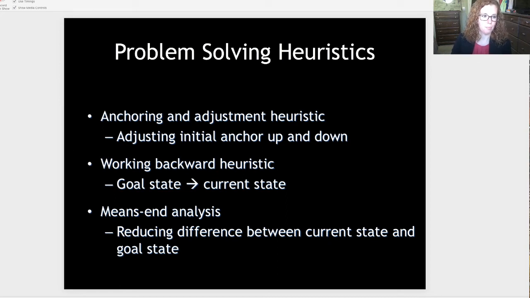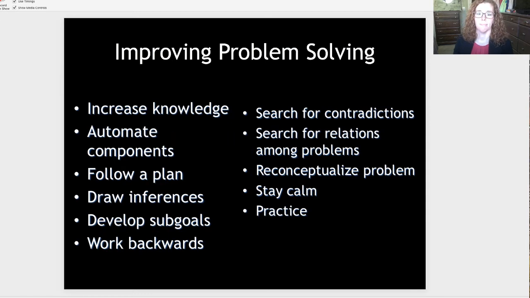Okay. So I told you there's a lot of problems with problem solving. If you want to improve your problem solving, the best ways to do that are increase your knowledge. Okay, always learning more, always remembering more information. That's going to help you problem solve. Automate certain components. So if you can make something automatic, that's going to make problem solving easier. Follow a plan.